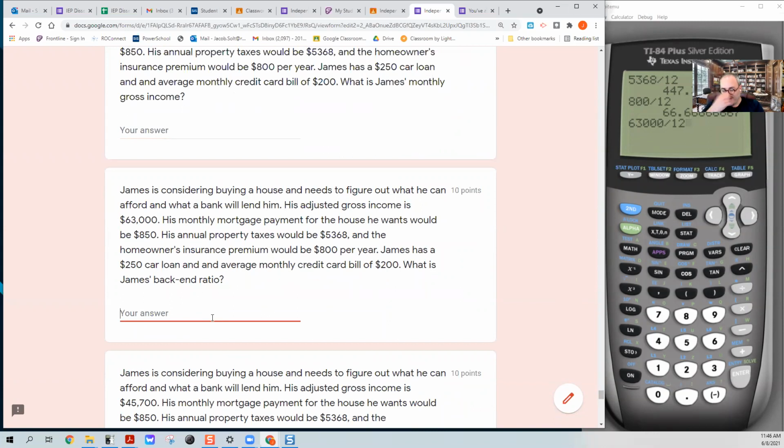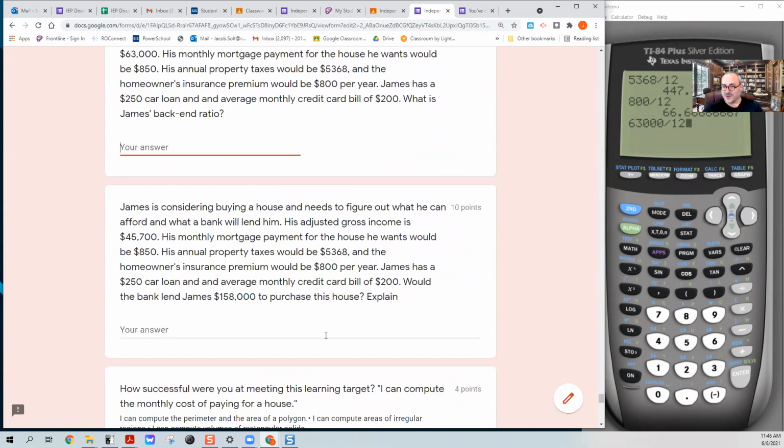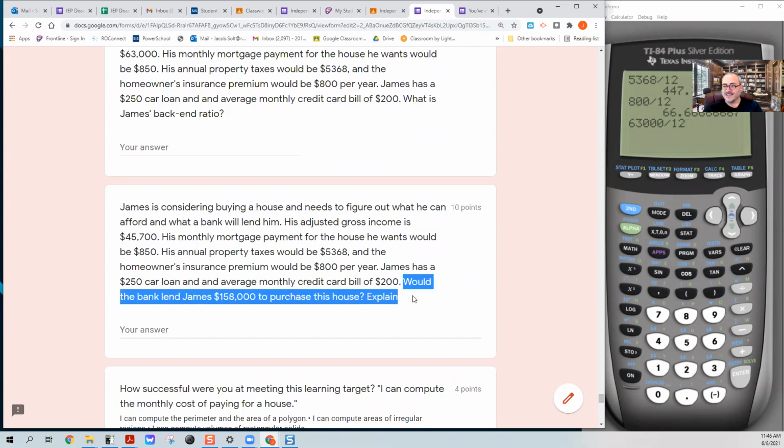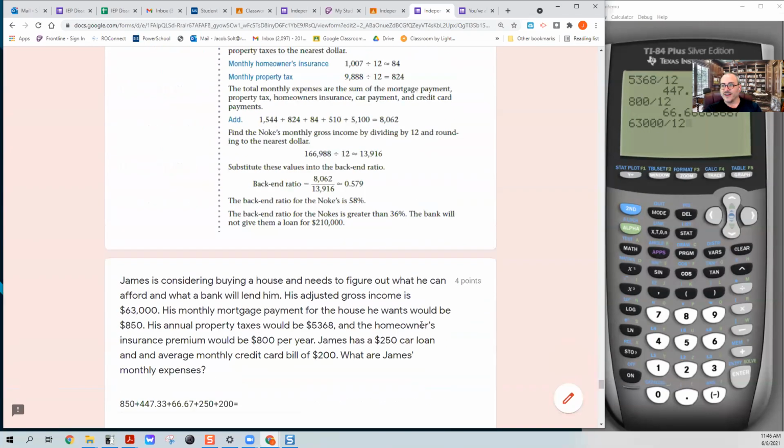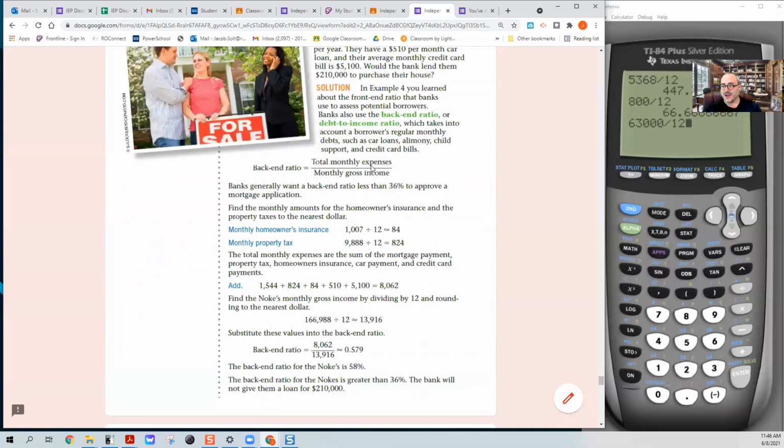Once you have that back-end ratio, you'll answer the question, would the bank lend James $158,000 to purchase this house? Explain why or why not. To answer that, look over here at how to interpret this. Banks want to see a back-end ratio of no more than 36%.